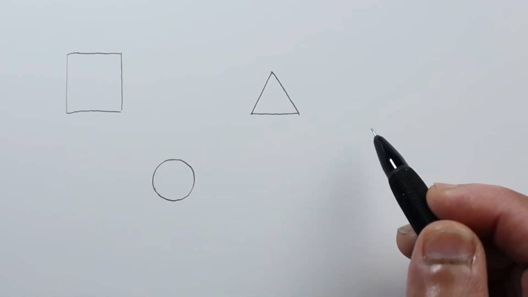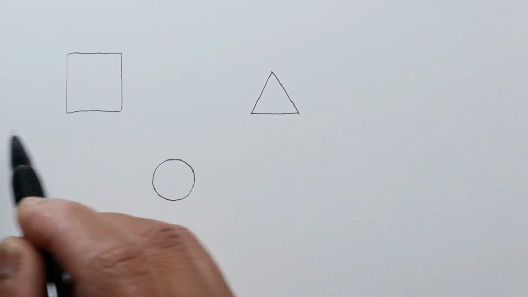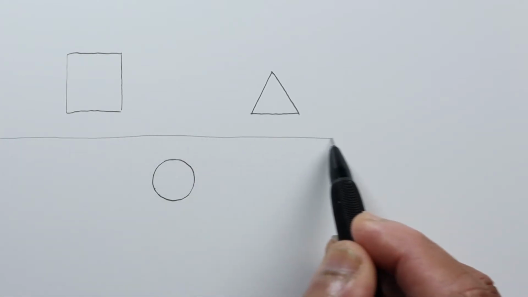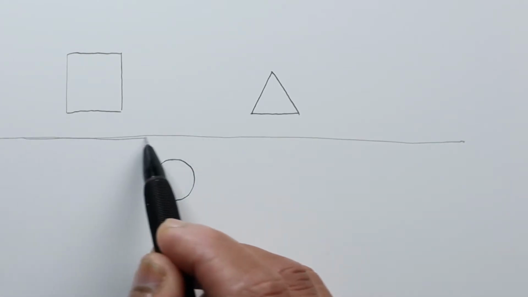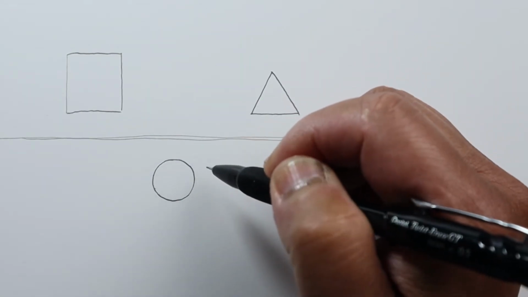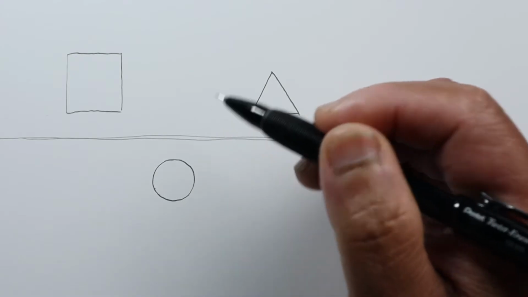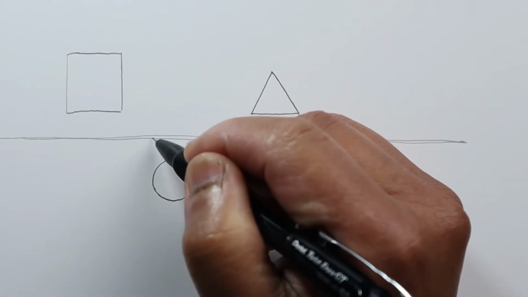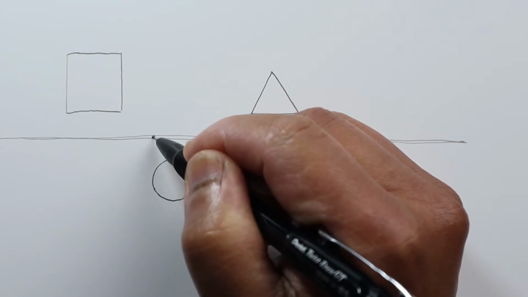So today we're going to focus on one-point perspective. To begin with, what we're going to do is draw a horizon, more or less straight here. And with one-point perspective, parallel lines converge only towards one point. So let's just make this the point.